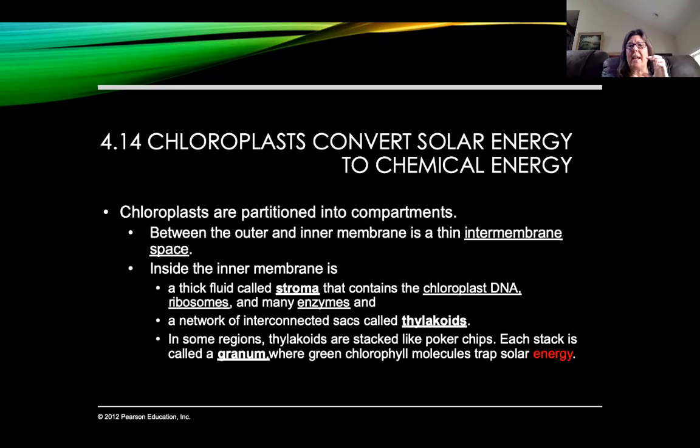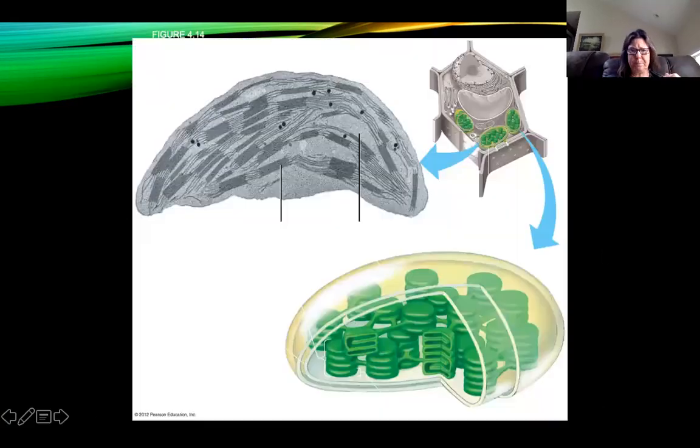We also have little tiny sacs inside. And again, we'll get into more of this detail in the chapter all on photosynthesis. But we have these membranes called thylakoid membranes that form these structures called grana. And again, I think pictures are so much easier to see this.